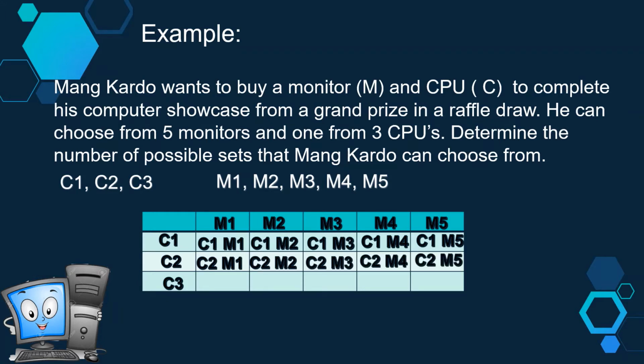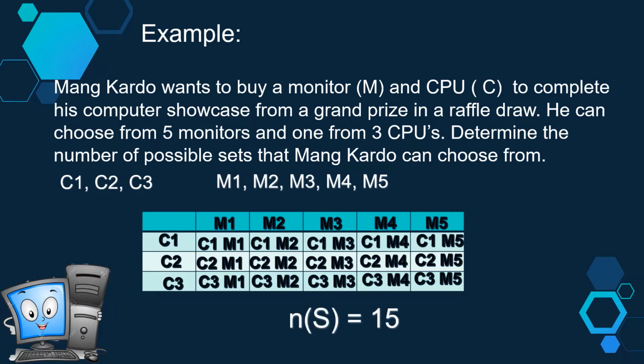And then C3, M1; C3, M2; C3, M3; C3, M4; and C3, M5. So these are what we call the sample space. Now, how many possible outcomes do we have? Correct. So there are 15 possible outcomes.